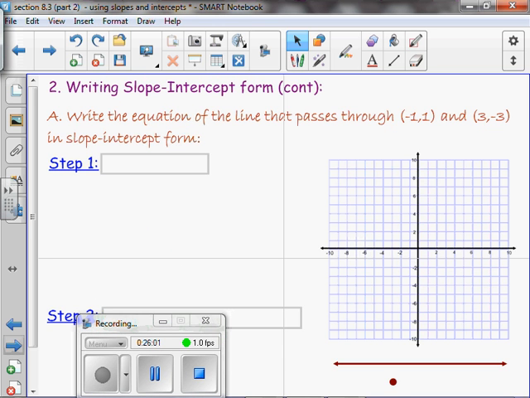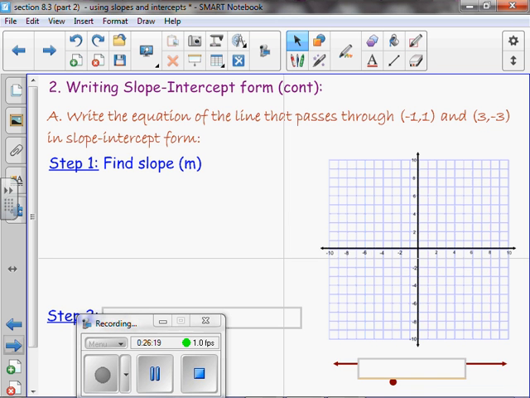Okay, yes we do. Write the equation of the line that passes through negative 1, 1, and 3, negative 3. Once again, there are two ways to find the slope, which is the first step. Remember, step 1, find the slope.